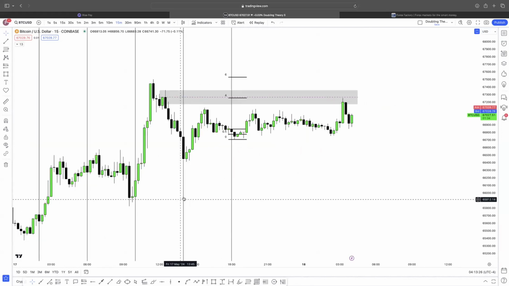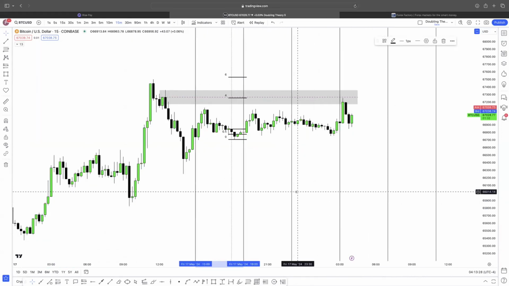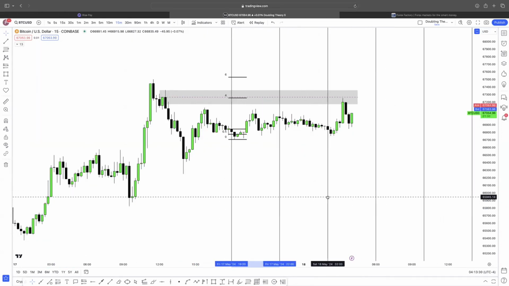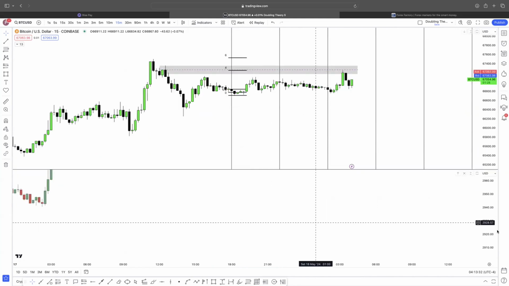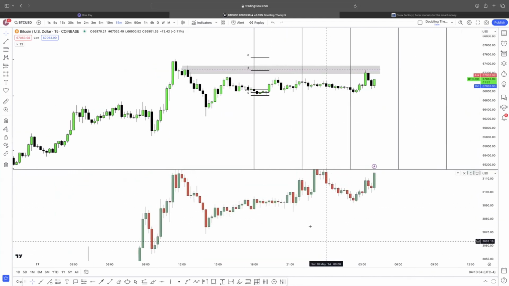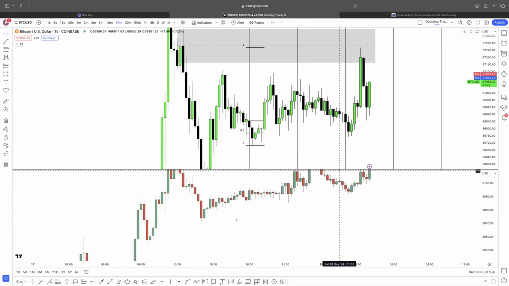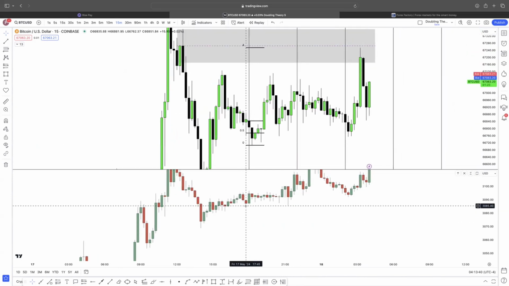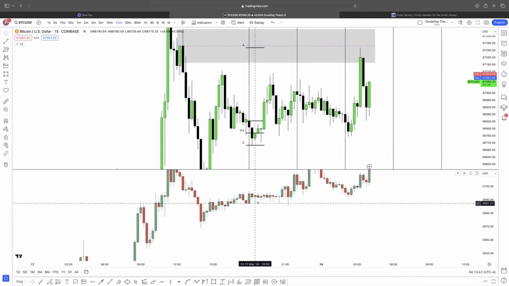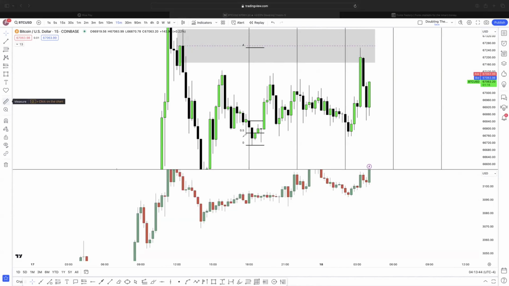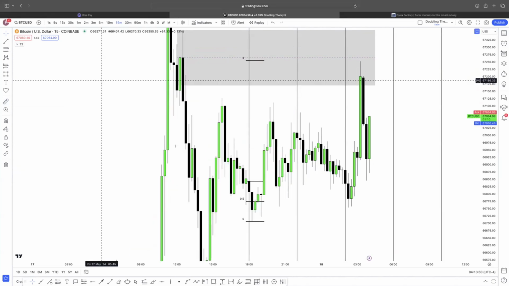Okay. Then let's take a look at today. Today, we have manipulation here. Can you see? See that? There? Okay, that's the SMT, right? So we'll take the highest time frame, which is the 15-minute chart.